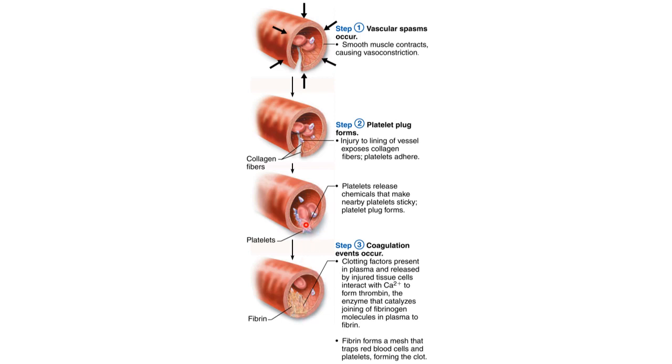So platelets lang muna, and then later on fibrin will coat the entire area, and this will now form a very stable clot. And then slowly the blood vessel will repair itself, and then the clot is no longer needed because the blood vessel has been repaired, and the clot will be dissolved. So that is how hemostasis occurs.